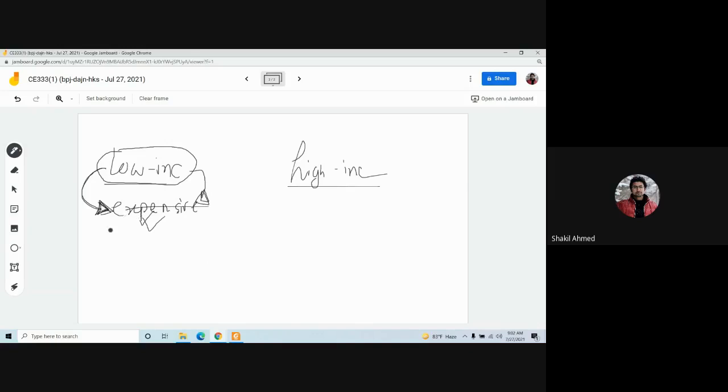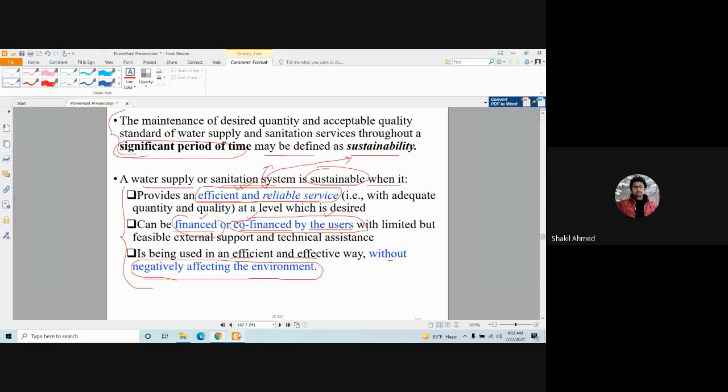So you have to provide cheaper technology here so that these people can afford it. And you may provide expensive technology here. Expensive means luxury, right? When people have high income, then you provide luxury, which they may or may not desire. That means, guys, number two: can be financed or co-financed by the users.